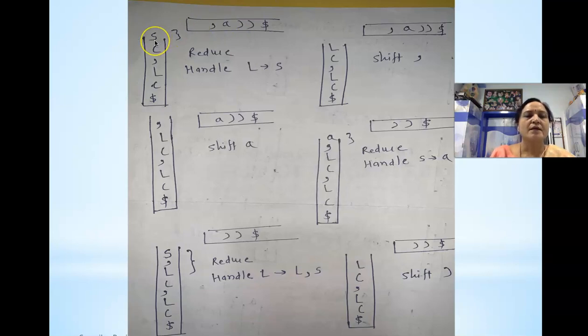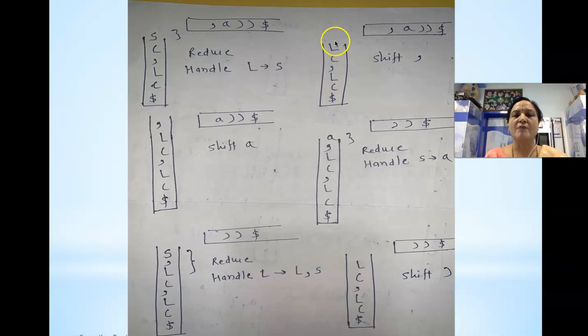So now this A is reduced by S because the handle is S tends to A. Now further the S is reduced by L because we have a production L tends to S. So here the handle is L tends to S. So previously A was reduced by S and now S is reduced by L. So top of the stack is L.